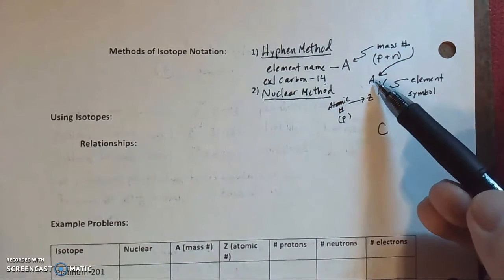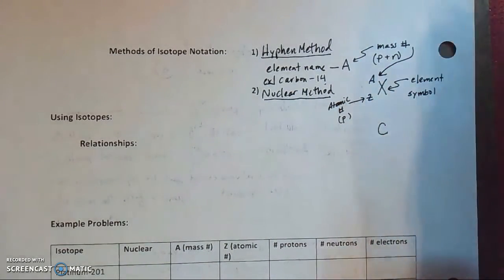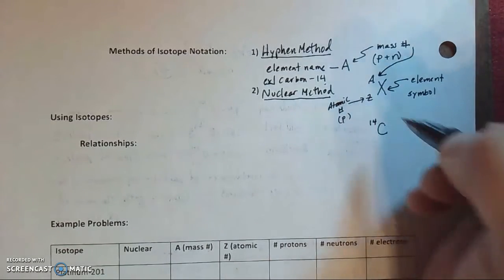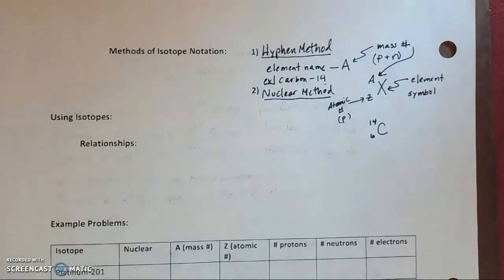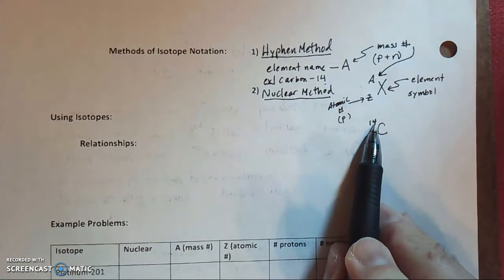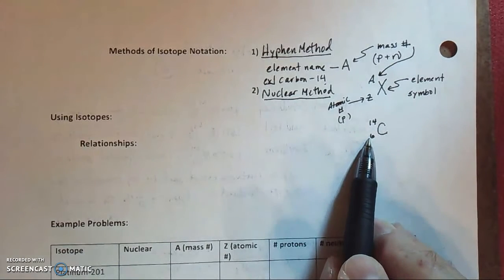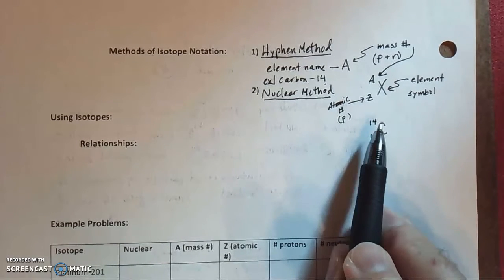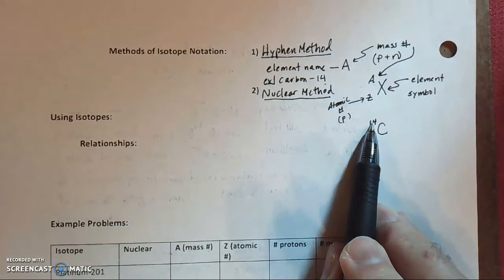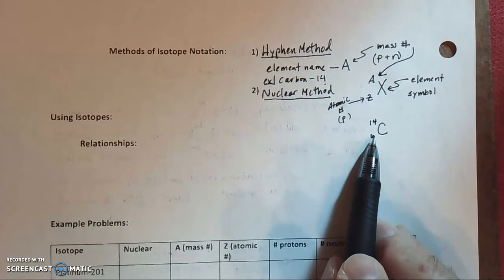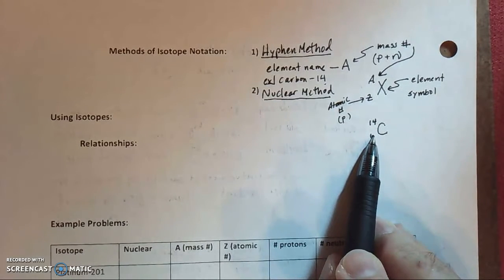So A for carbon, we said was 14, and it had 6 from its atomic number in the periodic table. So we put a superscript of 14 and a subscript of 6 on the left-hand side. So that tells us how many protons and neutrons and how many protons we have.